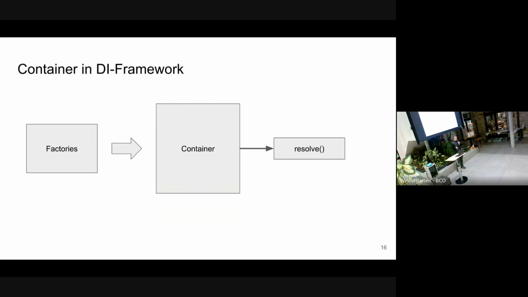So if we now reconsider the structure of the frameworks, this container with factories, we could imagine a container without any factories. It still could resolve anything for you, because this resolving function is usually some kind of generic that's ready for any type you want.